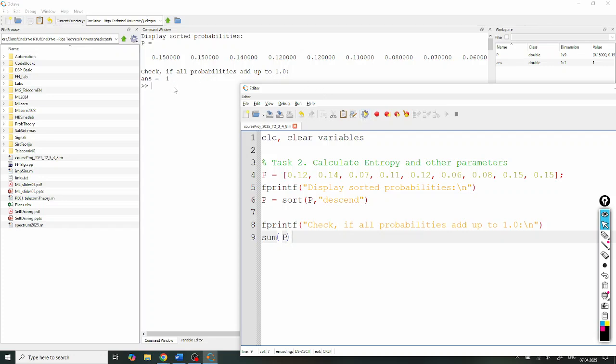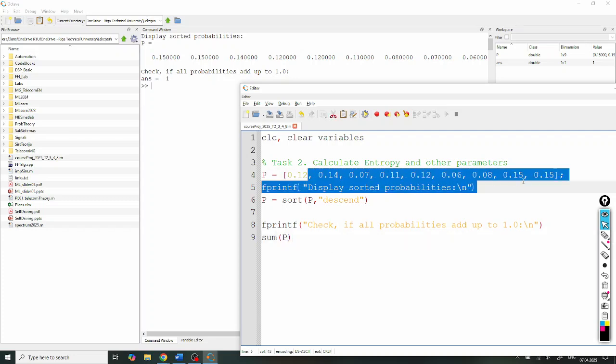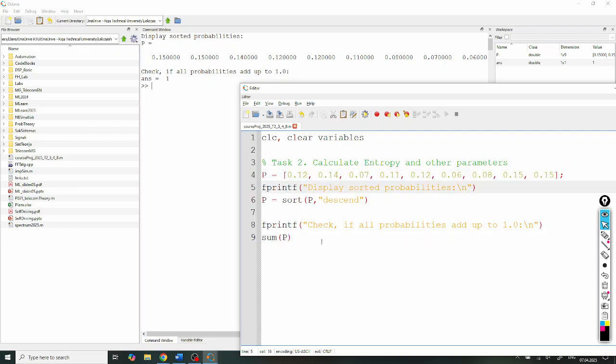Yes, in my case it's precisely 1, so everything is fine, we can go further. If it's not, double check first of all if you entered it correctly, and if it's still not, then we can change your source a little bit so that it becomes so. Maybe somewhere it's a little bit extra, maybe somewhere it's a little bit less. Okay, so that's the first point.